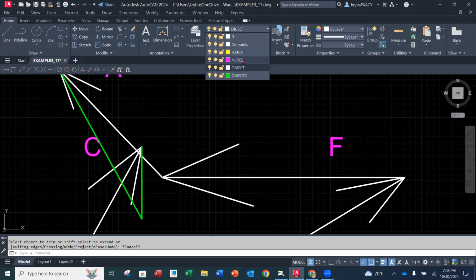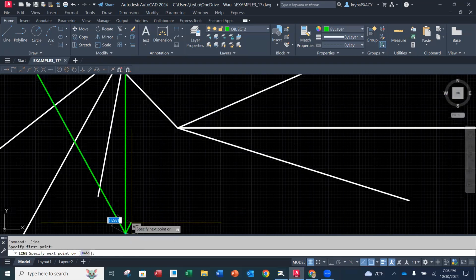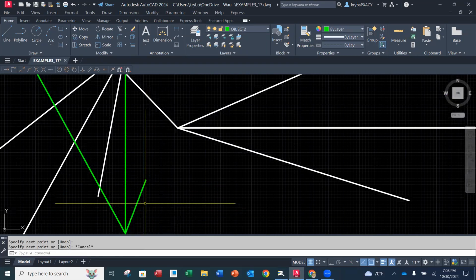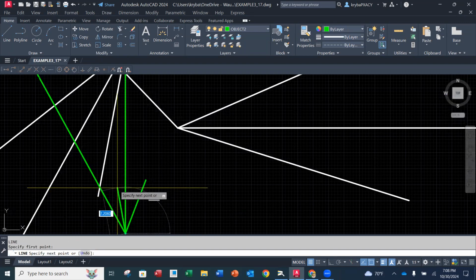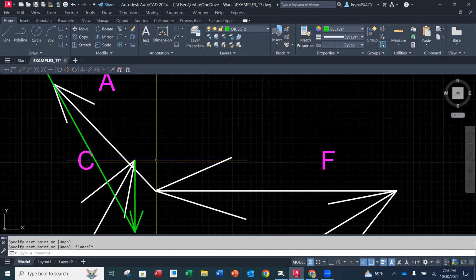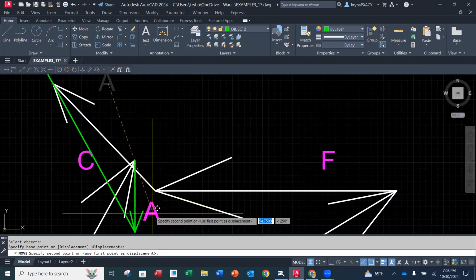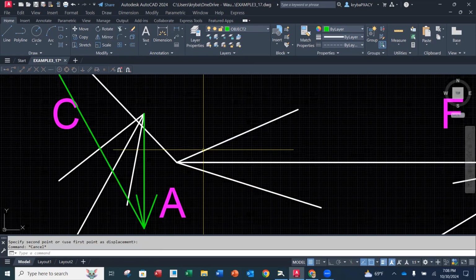So I'm going to change back to object 2. And A's arrowhead is here and here. And I'm going to move its variable from here, right there. Okay.